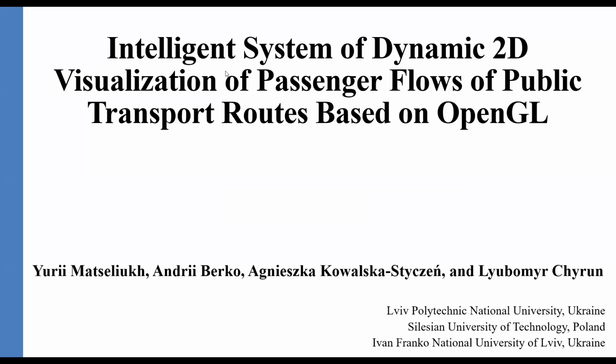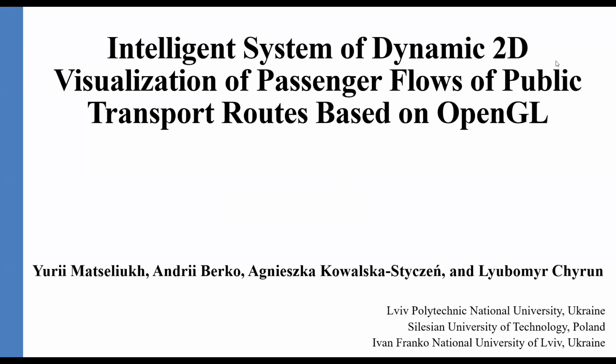Thank you. Ladies and gentlemen, let me introduce the research of my colleagues on the topic: intelligent system of dynamic to-do visualization of passenger flows of public transport routes based on OpenGL, done by Andrii Vasyliuk, Agnieszka Kowalska-Styczeń, and Lyubomyr.